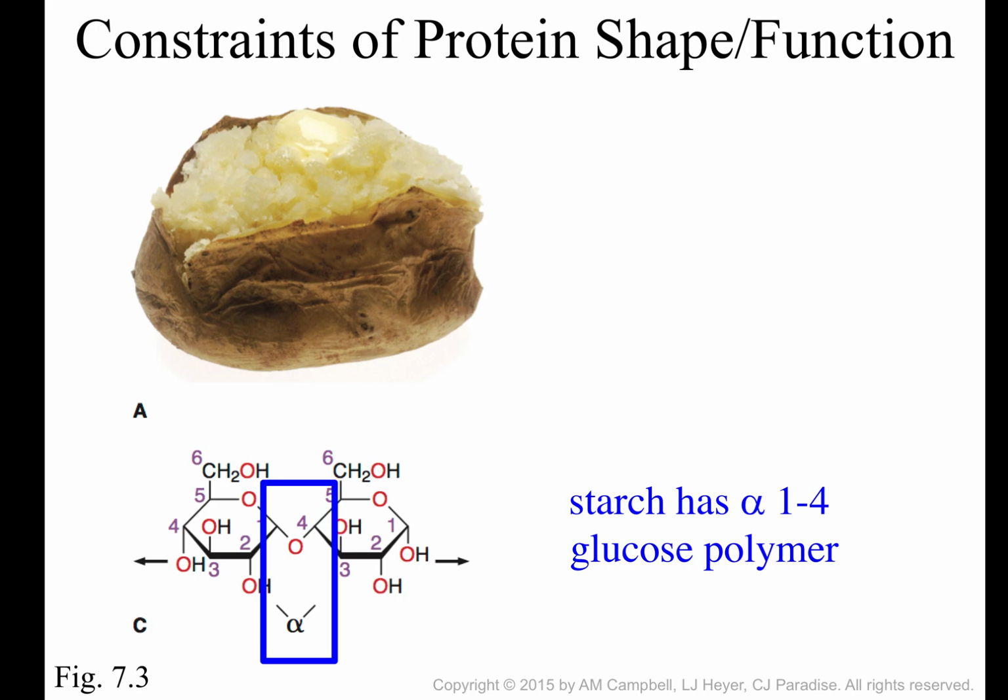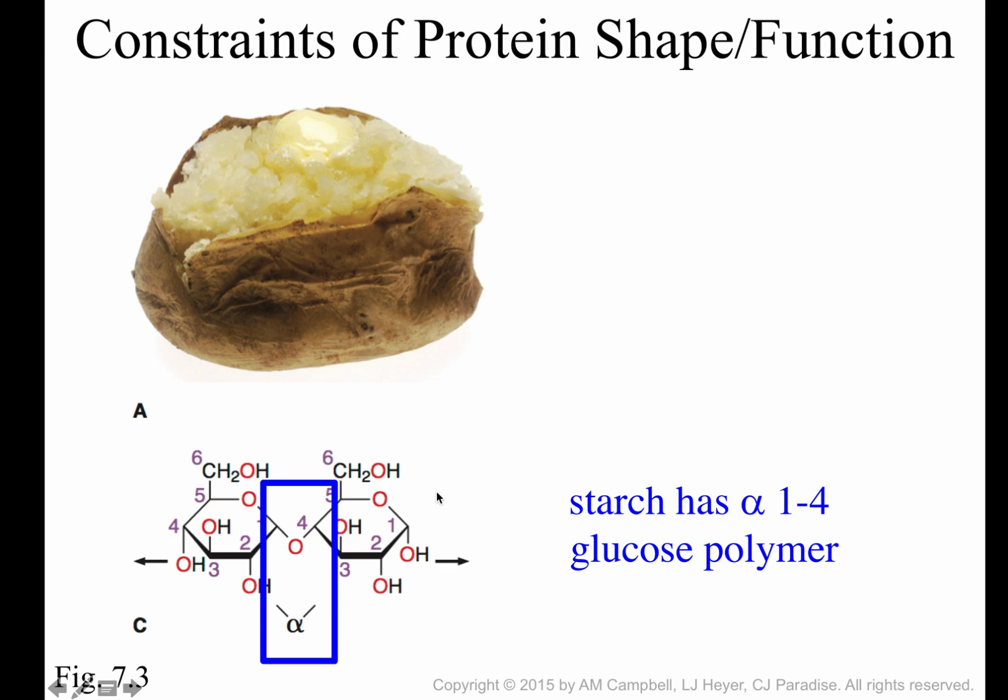So starch has a connection between these glucose molecules. You're going to see a lot of these next week. Here's a glucose monomer, one unit of a glucose molecule linked together with another glucose molecule, and you can link a whole bunch of these together in a form called starch.